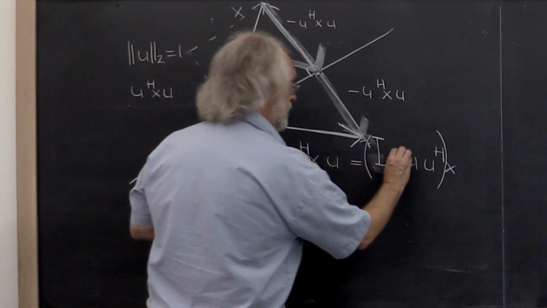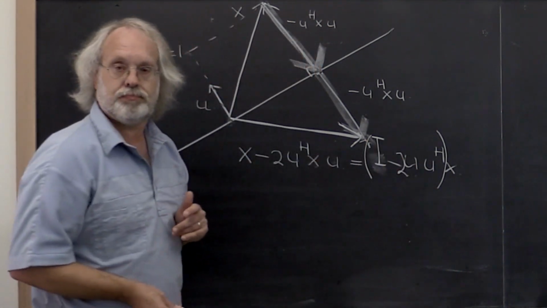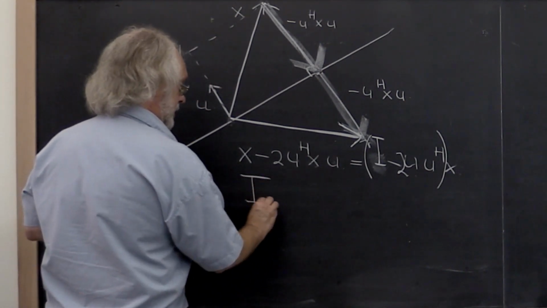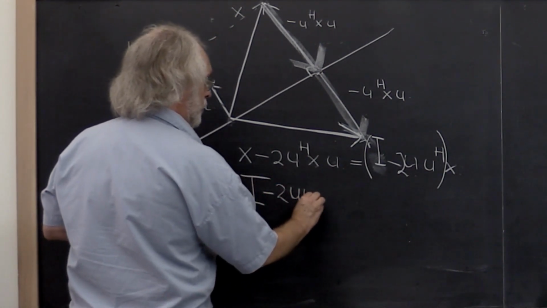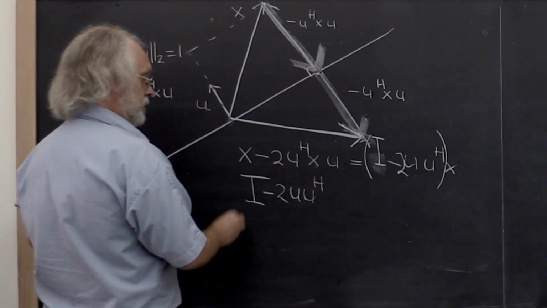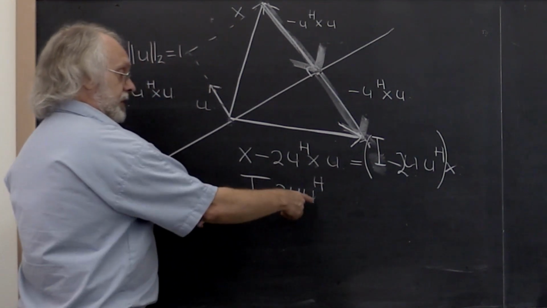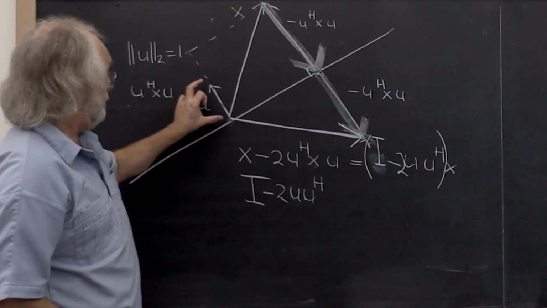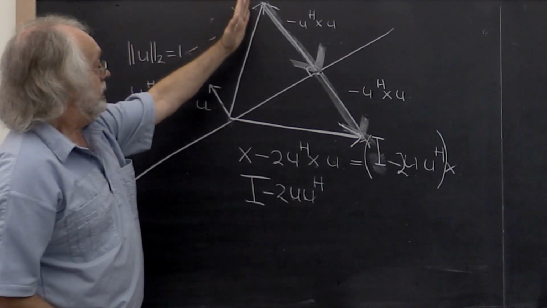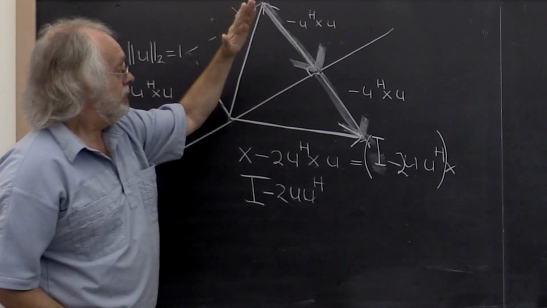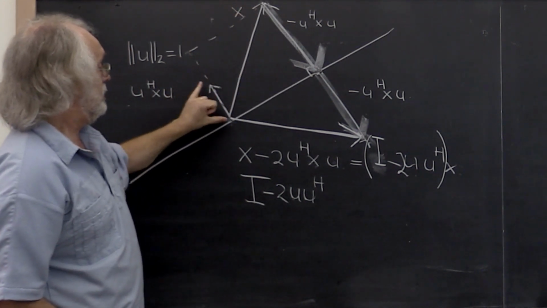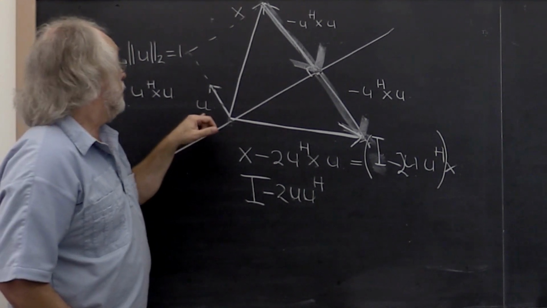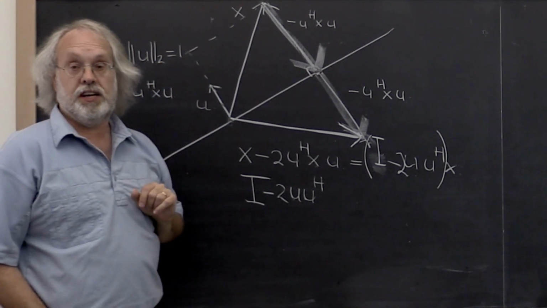And what I am missing is 2. Okay, so the matrix I minus 2u u Hermitian transpose is the matrix that captures the transformation that mirrors x with respect to the subspace orthogonal to vector u, where vector u must have size 1.